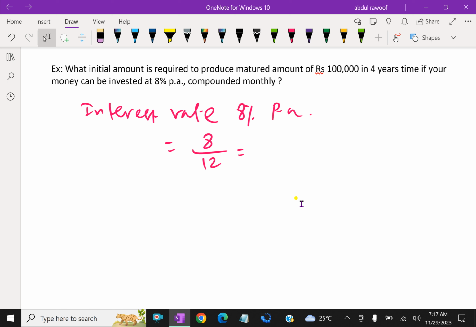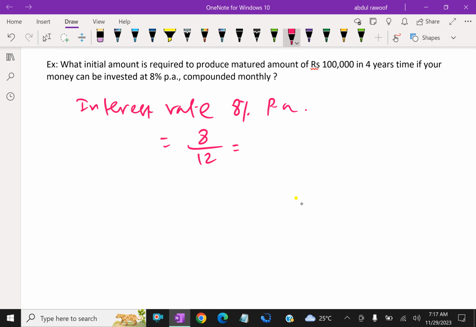What is 8 by 12? It is 2 by 3, which is equal to 0.67.